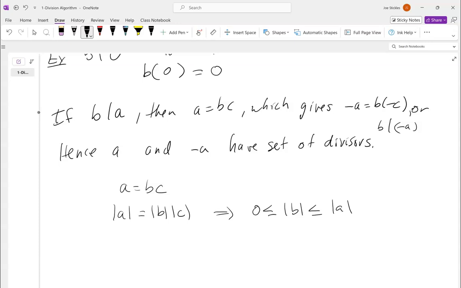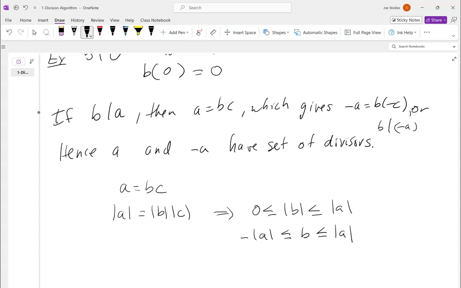And we could rewrite this statement in terms of just B. If the absolute value of B is less than the absolute value of A, then B is not any bigger than the absolute value of A, but it's also not any less than the opposite of the absolute value of A. So this tells us a couple of things.